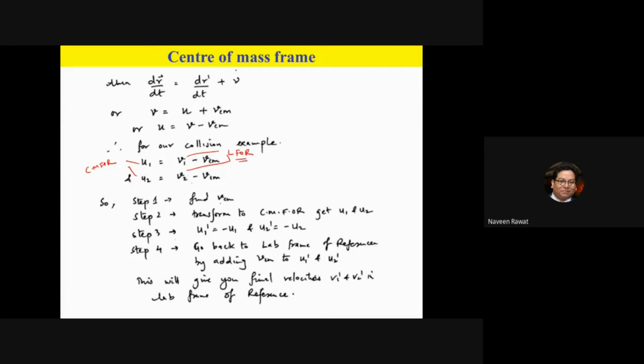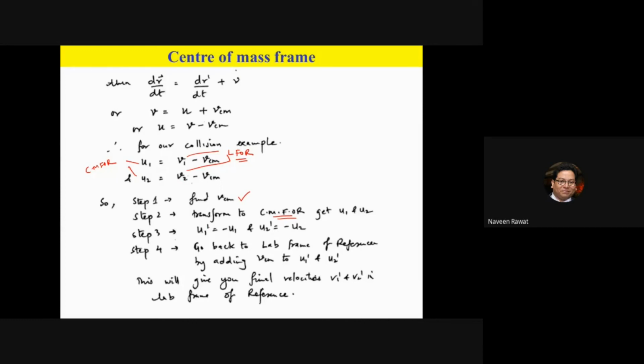So the methodology here is quite simple. I have listed down the 4 steps. When you're solving a problem, first you have to find the v of center of mass for the objects that are colliding. Once you have the v of center of mass, you can transform your values to your center of mass frame of reference. How? You need to get u1 and u2. You will have the values of v1 and v2, and if you have v of center of mass, you can find u1 and u2.